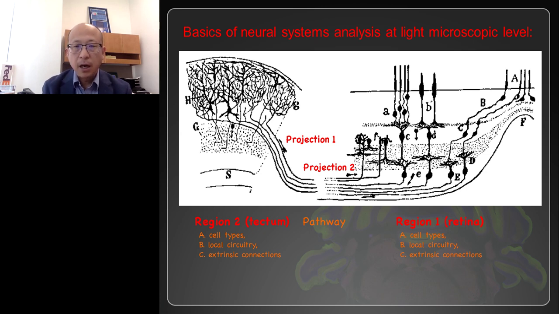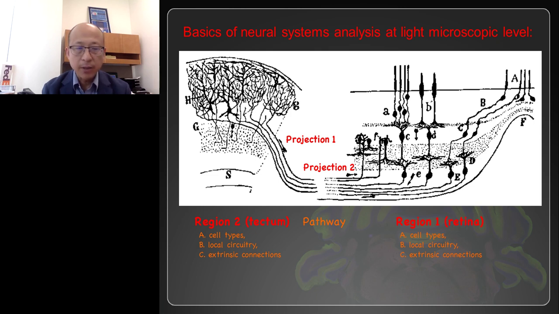In fact, Ramón y Cajal already laid the foundation for this kind of work. As you can see in his beautiful drawings, he showed the retina has several different neuronal cell types with different morphology, and they send projections to the tectum.